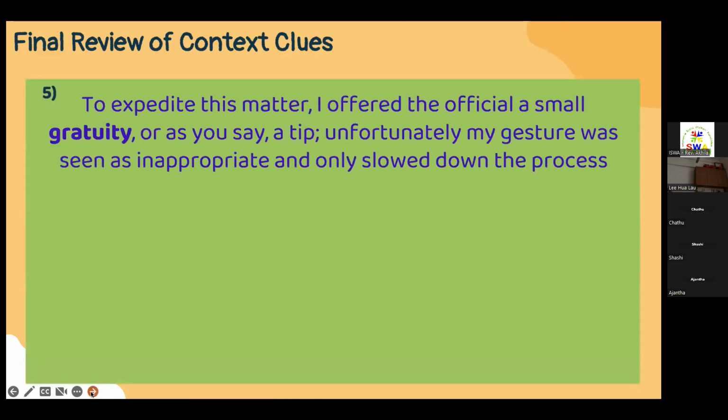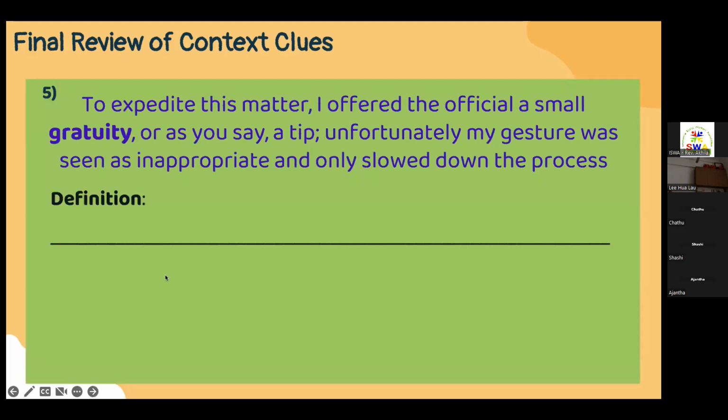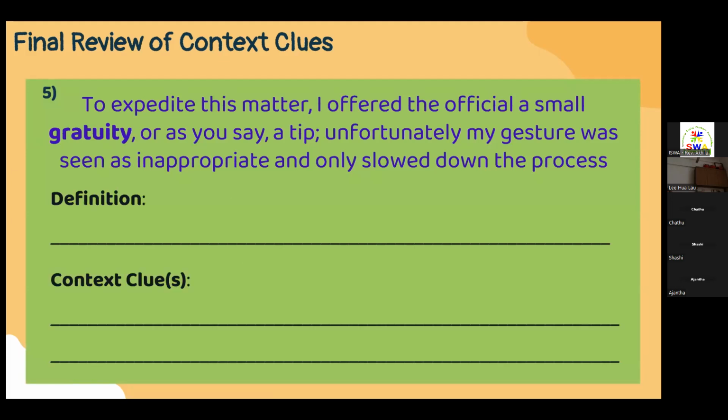Okay, fifth question. To expedite this matter, I offered the official a small gratuity, or as you say, a tip. Unfortunately, my gesture was seen as inappropriate and only slowed down the process. So, what is the meaning of gratuity, and how do you know that?